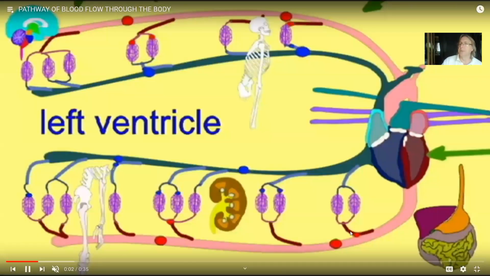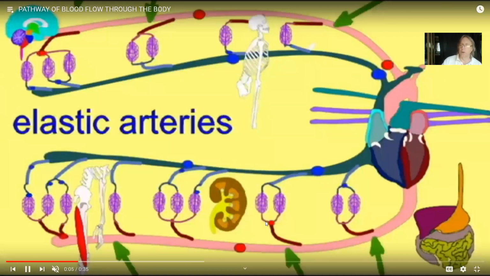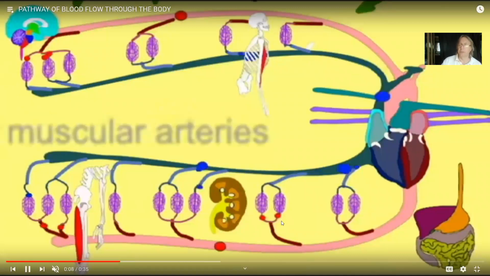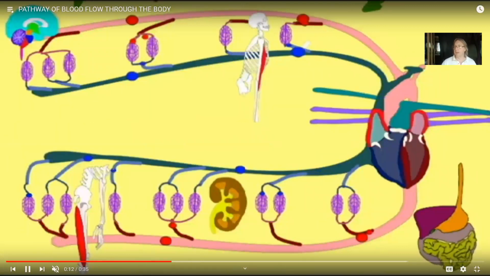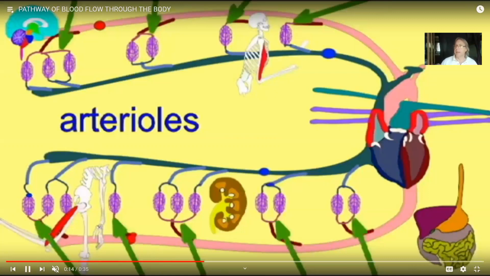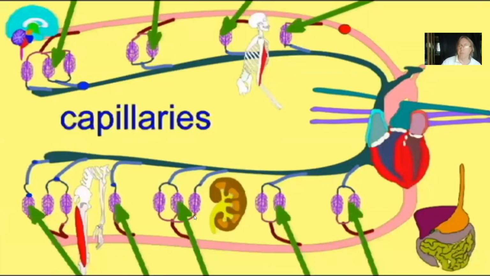And so once blood, say, leaves the left ventricle, it will travel through these elastic arteries and then through muscular arteries and then into smaller and smaller vessels, because our blood vessels become smaller and ultimately microscopic in size.